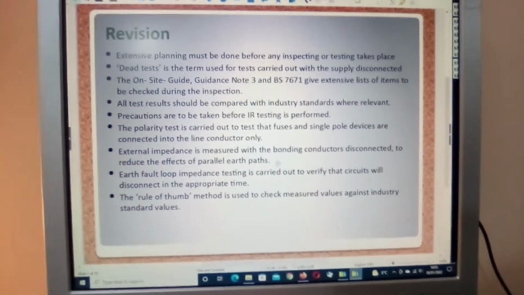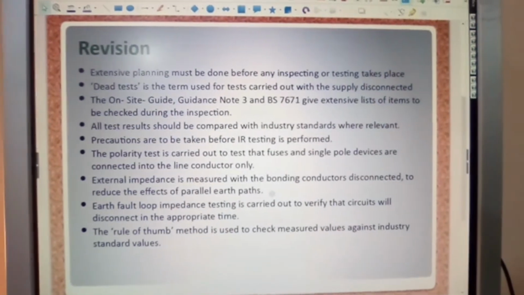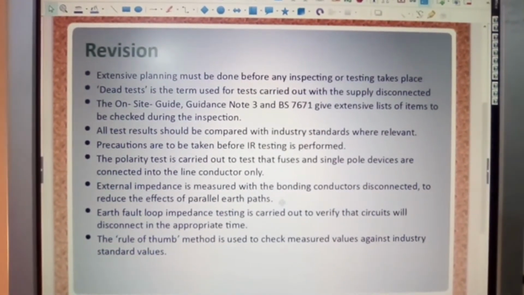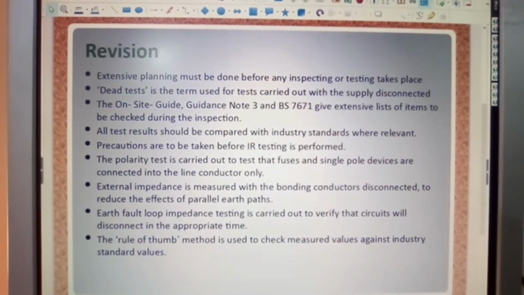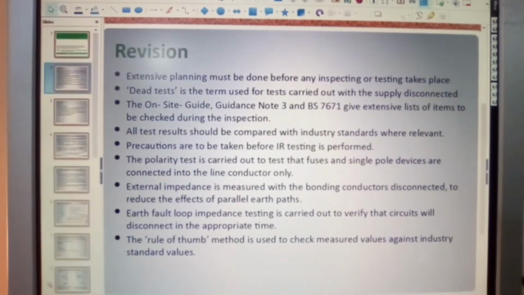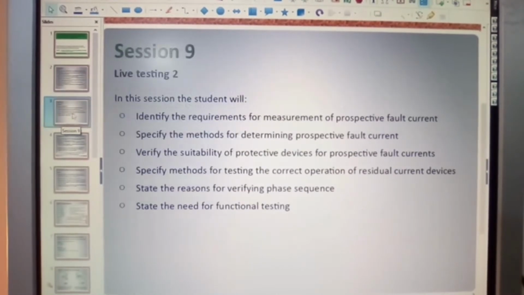And just make sure that we have knowledge as to what we are meant to be doing and what the benefits of these PowerPoints hope to provide you with, okay?